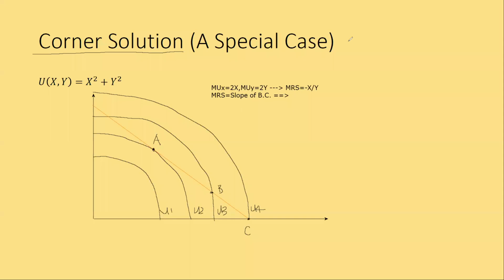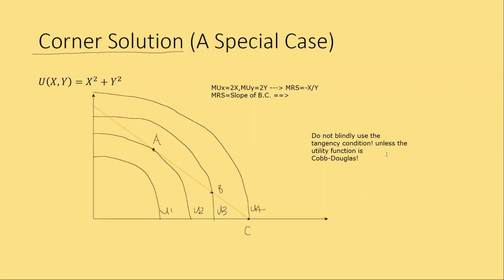And my conclusion for this slide is that I would want to remind you that you should not blindly apply the tangency conditions, even if you see a utility function that has nice derivatives, etc. All right.